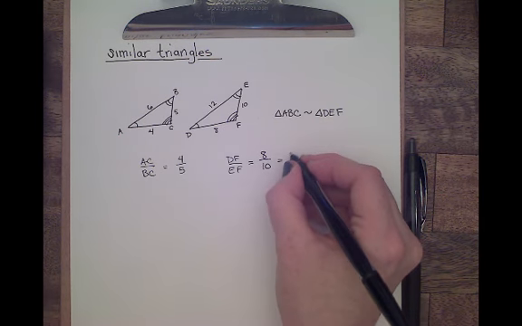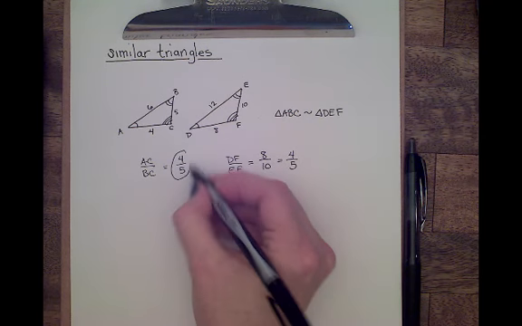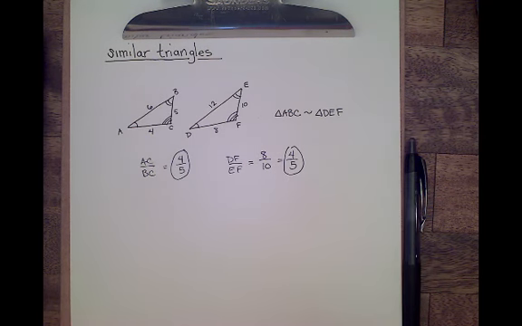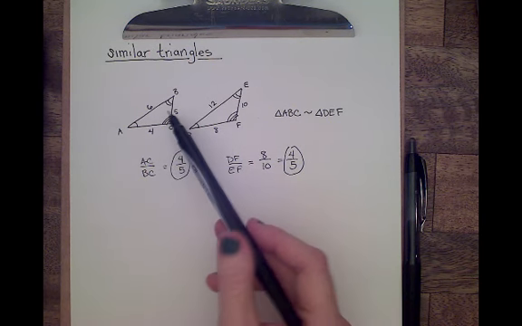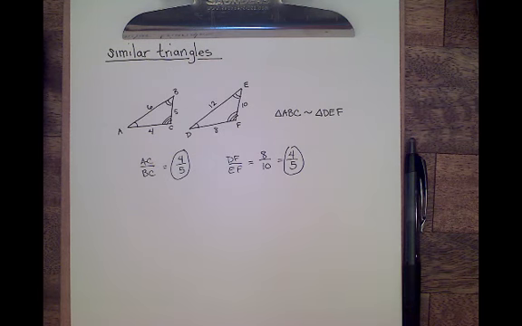So again, the scale factor of the two triangles is still 1 to 2, but now I'm just taking a look at the ratio of two sides within a triangle. And as you can see with similar triangles, that's a constant too. And here it's 4 to 5. And I could take any pair of sides as long as they're corresponding and the ratios would still be the same. So now let's take a look at similar right triangles.